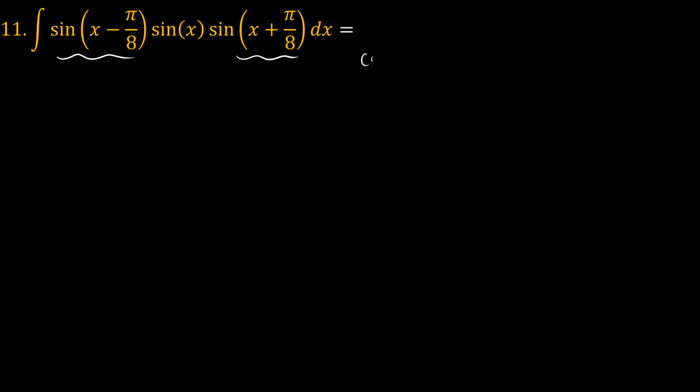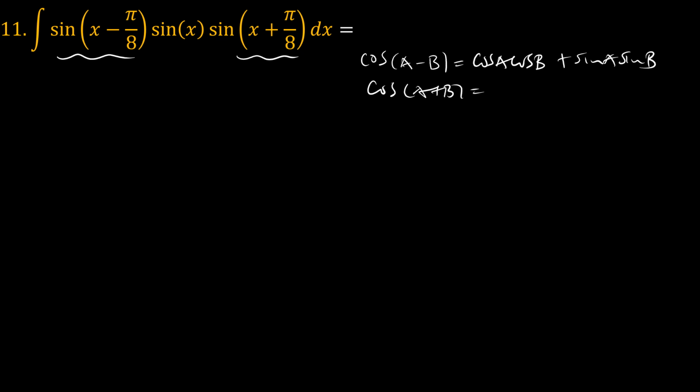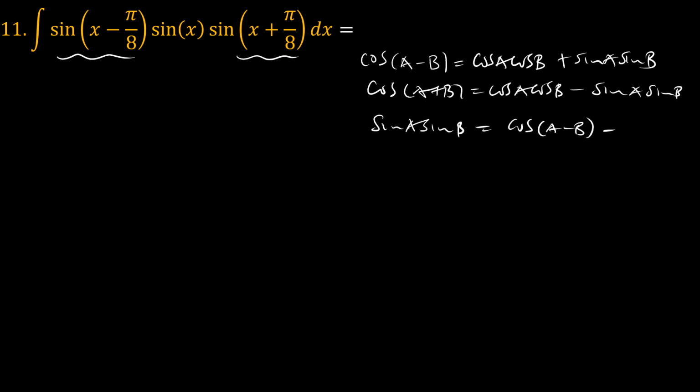Now we know that cosine of A minus B is equal to cosine A cosine B plus sine A sine B, and cosine of A plus B is equal to cosine A cosine B minus sine A sine B. Therefore, sine A sine B is equal to cosine of A minus B minus cosine of A plus B, divided by 2.